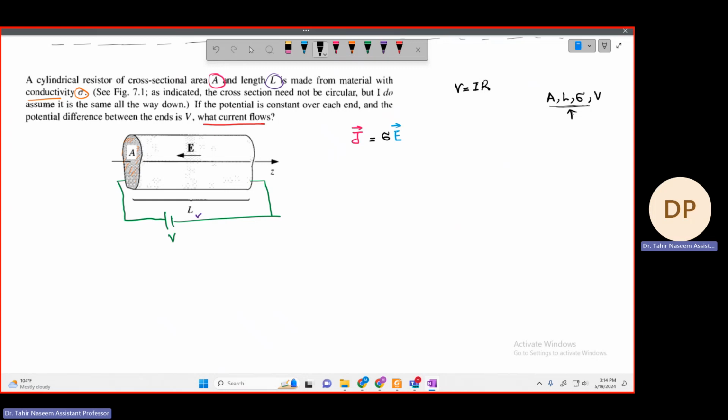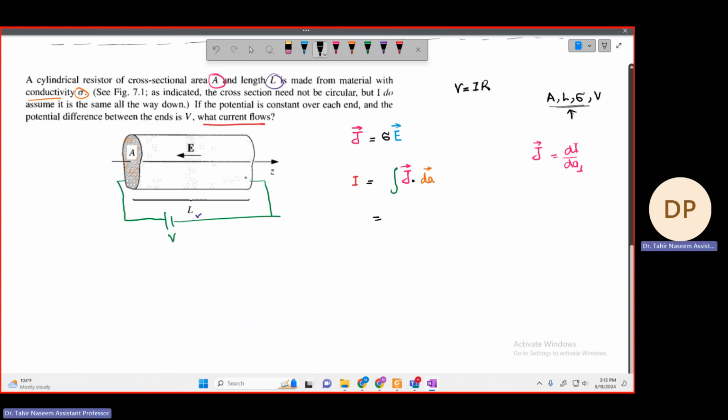Okay, we know the current is equal to the integral of J dot dA, right? I have written this from the definition, dI over dA perpendicular. From here, you can write I is equal to J dot dA.